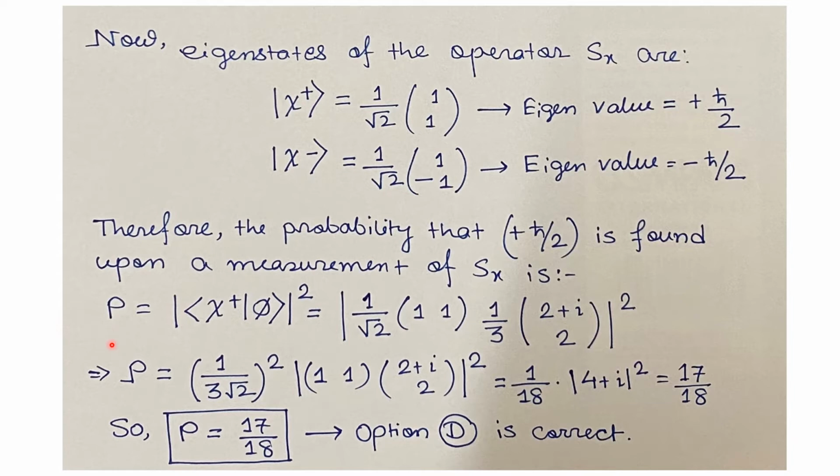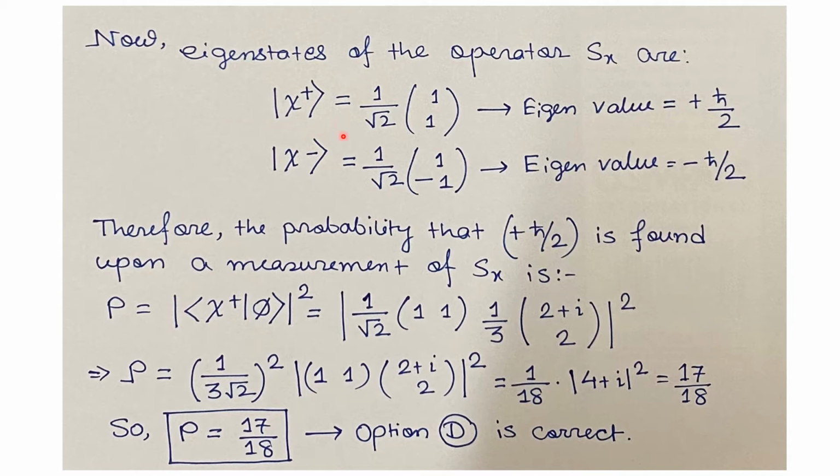So the probability will be the mod square of the inner product of chi plus and phi. Now this is in bracket notation. So the bra of chi plus is basically the complex conjugate of the ket of chi plus.